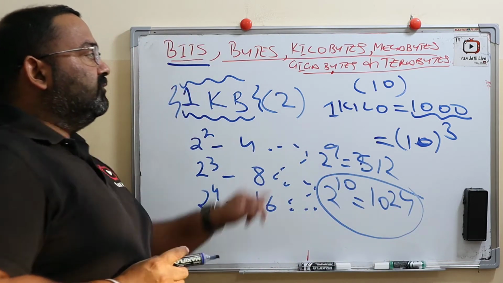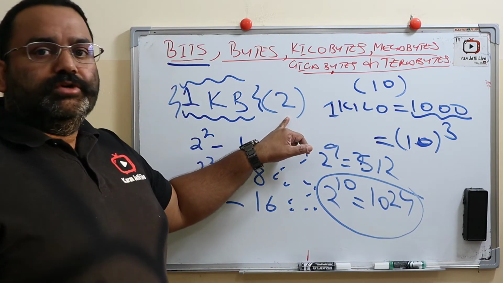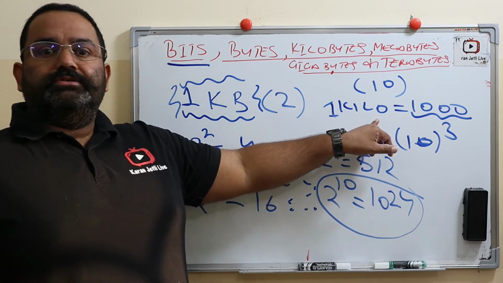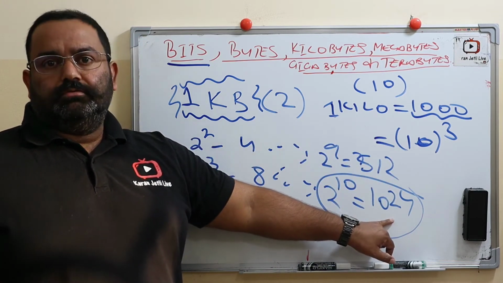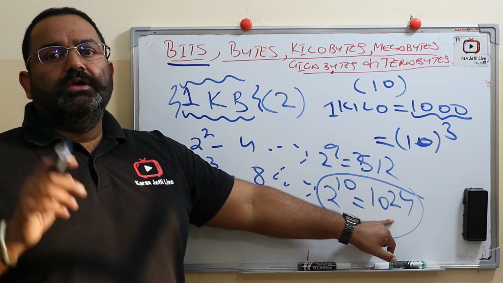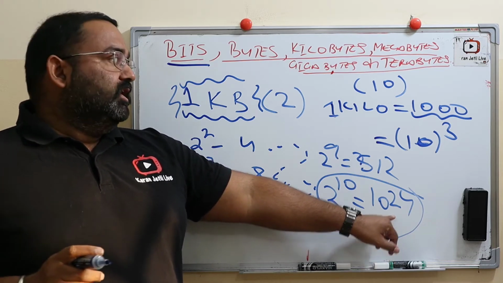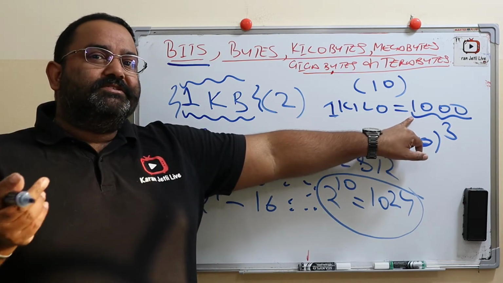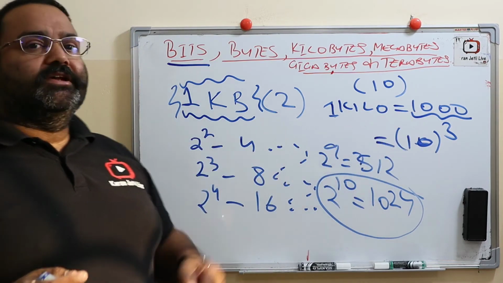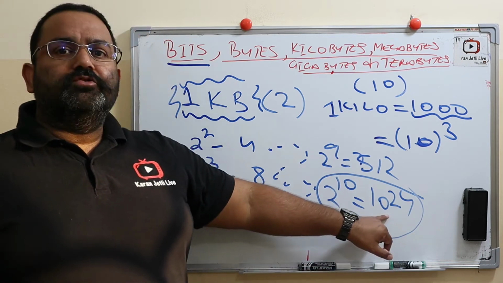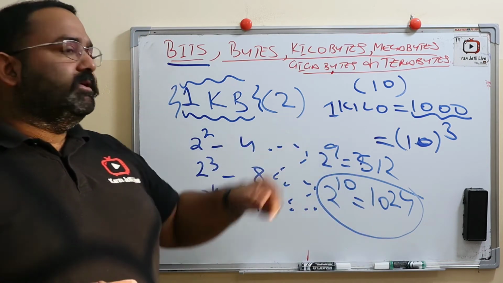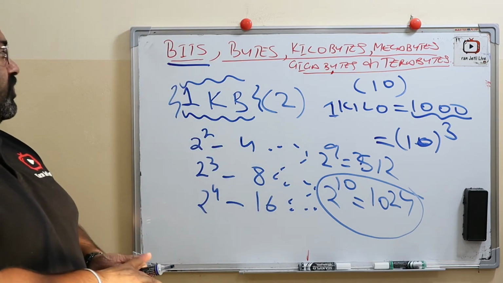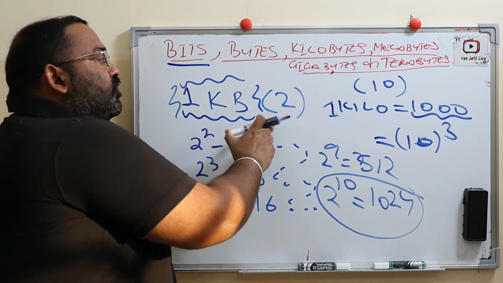Now, since the base is 2, it is not a decimal, so the closest thing to kilo is 1024. In real life, kilo is 1000 because the number system is decimal, but in computers the kilo becomes 1024 because in computers the base is 2 because of binary number system. So now coming to 1 kilobyte.